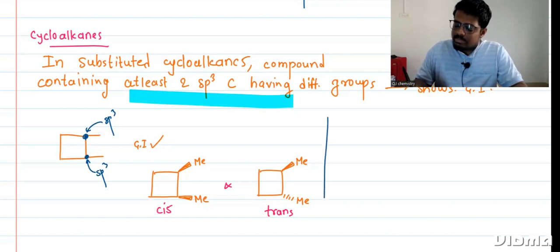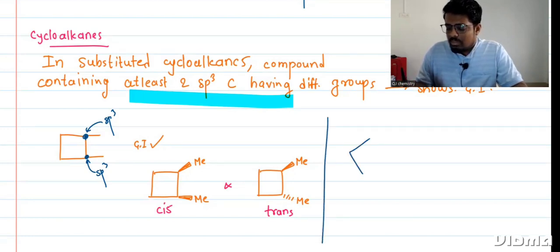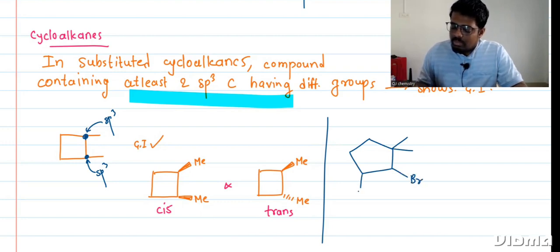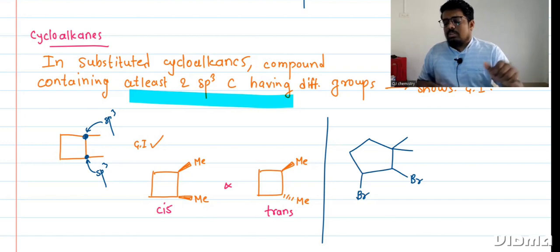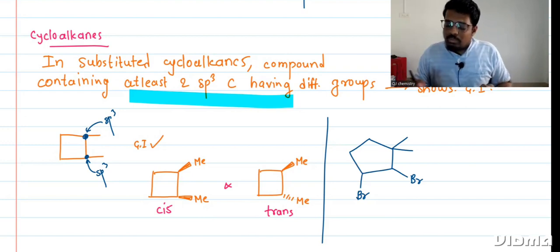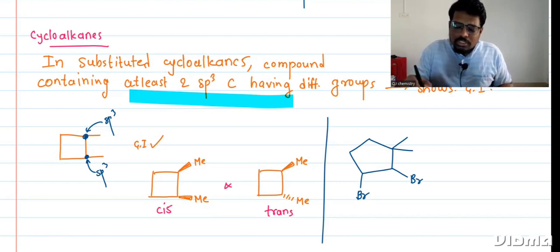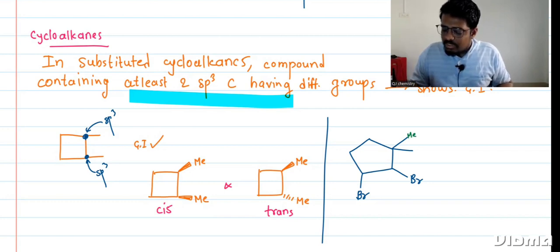Now the second example: cyclopentane. Suppose the compound is given. In this given compound, we have to check whether two sp3 carbons are there with different groups or not. Now check here: the methyl groups are the same, right?